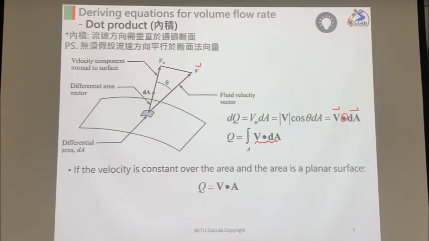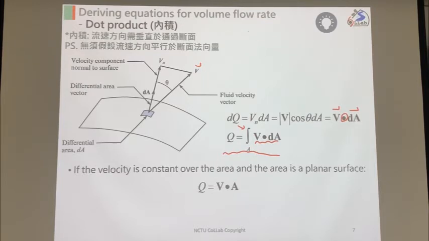So this is finally the general formula we use, because it is for general conditions. We don't need to consider whether the flow is uniform or not, and we don't need to consider whether the flow direction is parallel to the normal vector of the cross section.